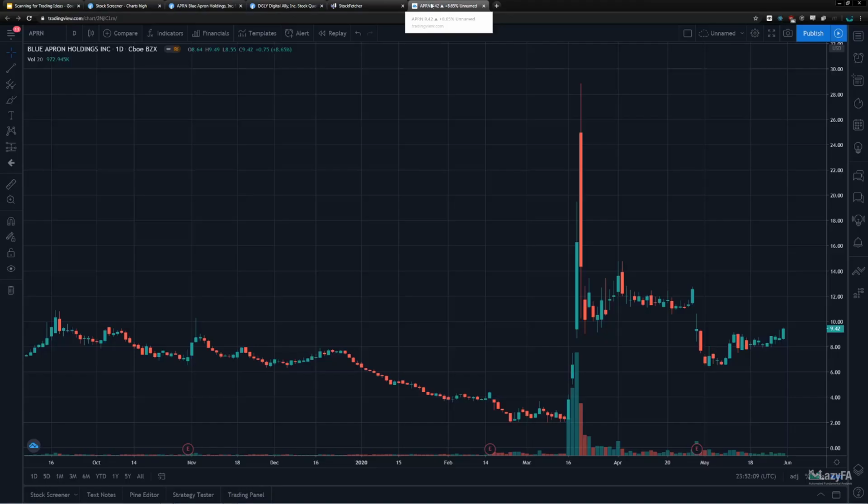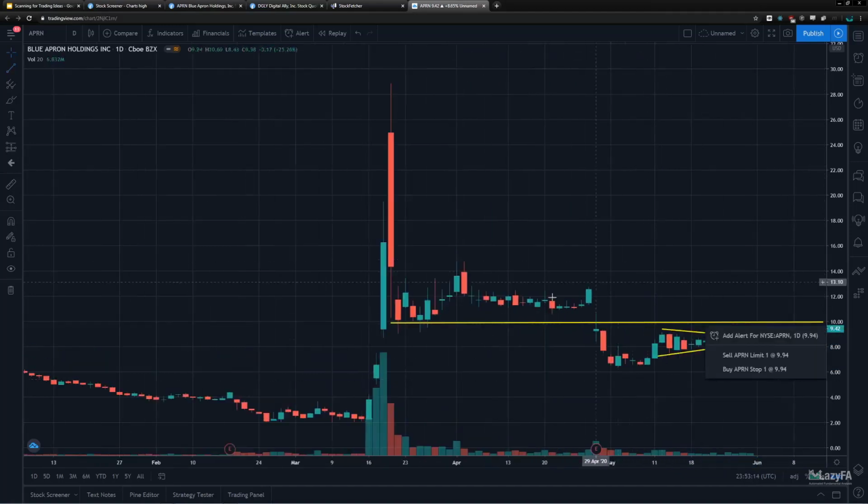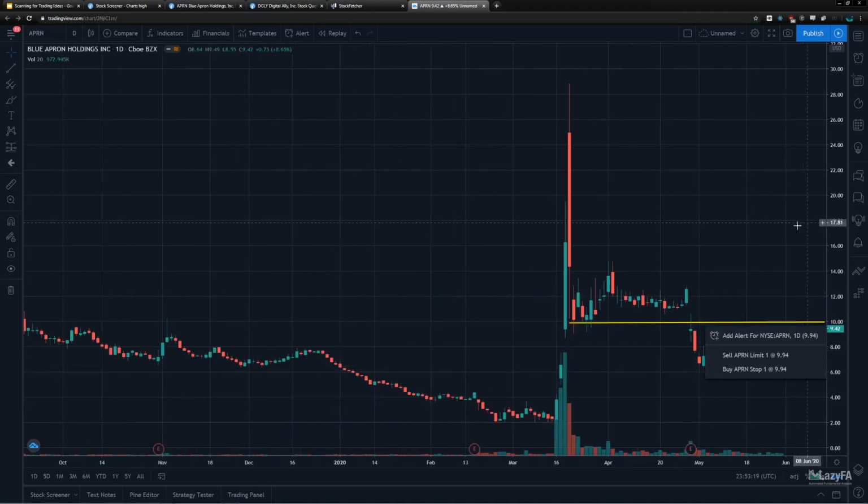The reason this is interesting to me is that we have this sort of bullish flag that's developed off this little miniature flagpole. It had this huge run, and then it looked like there's resistance or support around $10, because it was bouncing off of $10 for a while, and then it finally broke underneath it, and now it seems to have bottomed out around $6.25 or so.